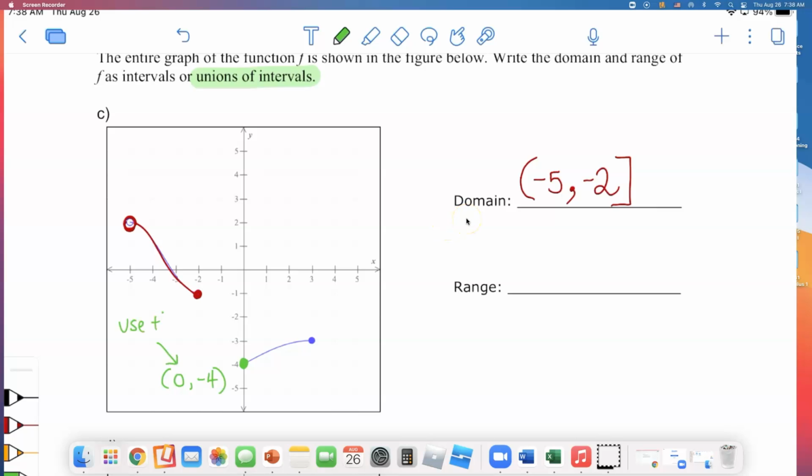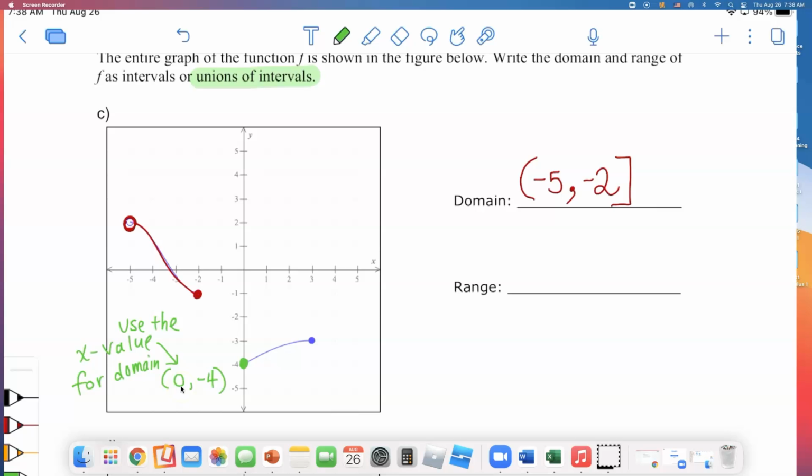Use the x value for domain. For the range, we're going to use the y value, but for the domain, it's a common mistake because people see this -4 right next to this point, but the x value that we should use for the domain is 0.